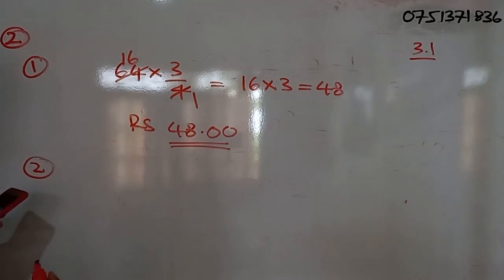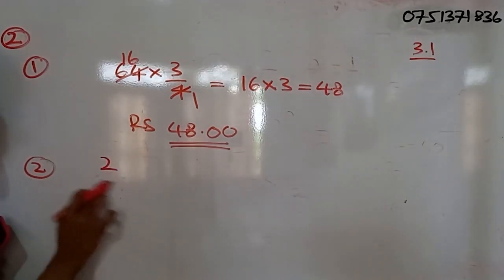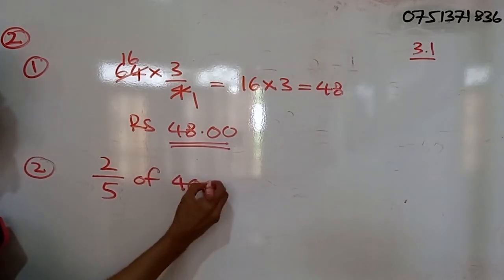Part 2 of that question. How many grams is 2/5 of 400 grams? So what do we have to do? 2/5 of 400.